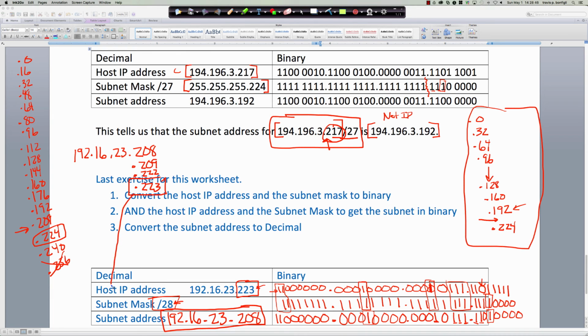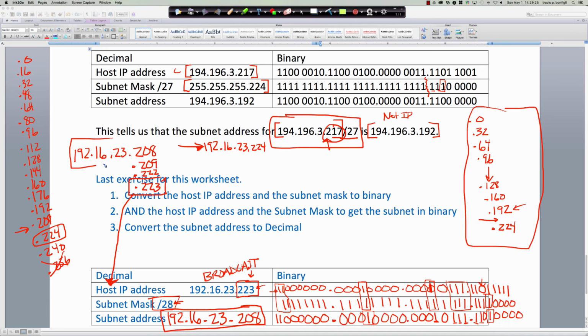So technically, the host IP is actually a broadcast address. So when looking at this, remember that that's going to be our broadcast address, because the next address up is going to be 192.16.23.224, and that is the next network ID for the next subnet, or you can call it a subnet ID.